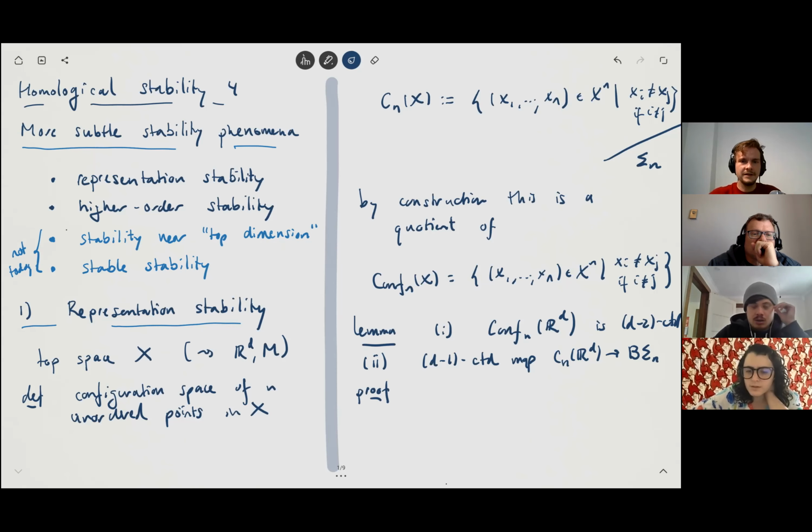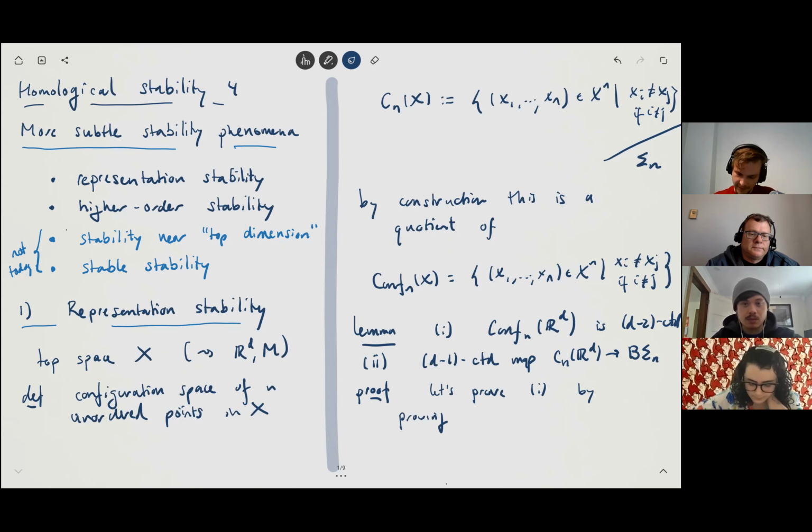Okay, so I'm going to focus on proving the first statement. And to do that, it's better to prove a more general statement.